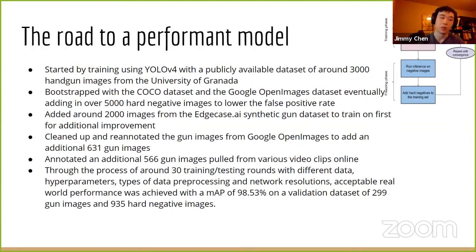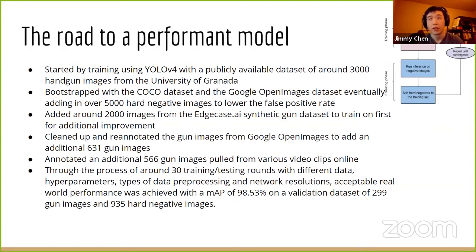To mitigate this, we first trained on the synthetic gun dataset until we got our highest mAP, which is the mean average precision, a metric for model performance. We then used that as the starting point for training on real data, which vastly outnumbers the synthetic data.